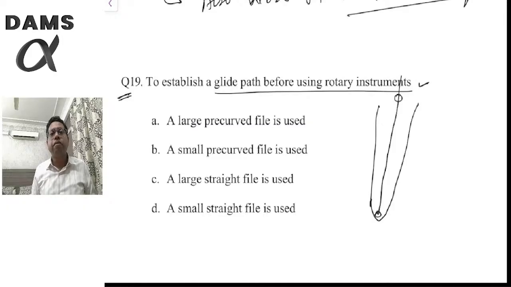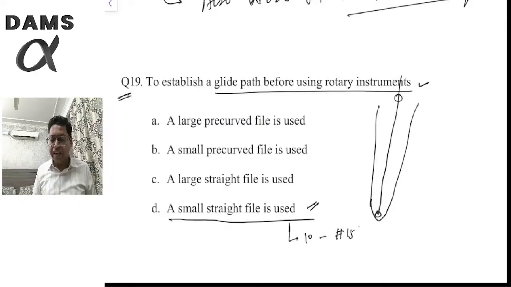So to make a glide path, we use a small straight file. This is something you have to remember. A small K file like number 10 or number 15 K file is used that is not pre-curved. It is not asking you about initial negotiation. For initial negotiation, we pre-curve the files to simulate the root canal anatomy.